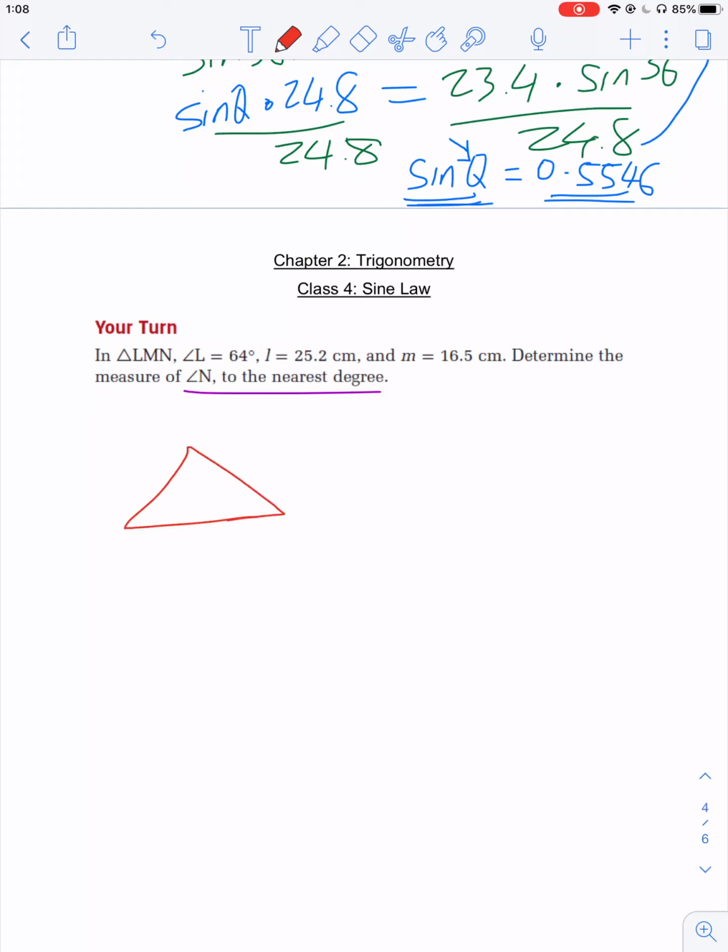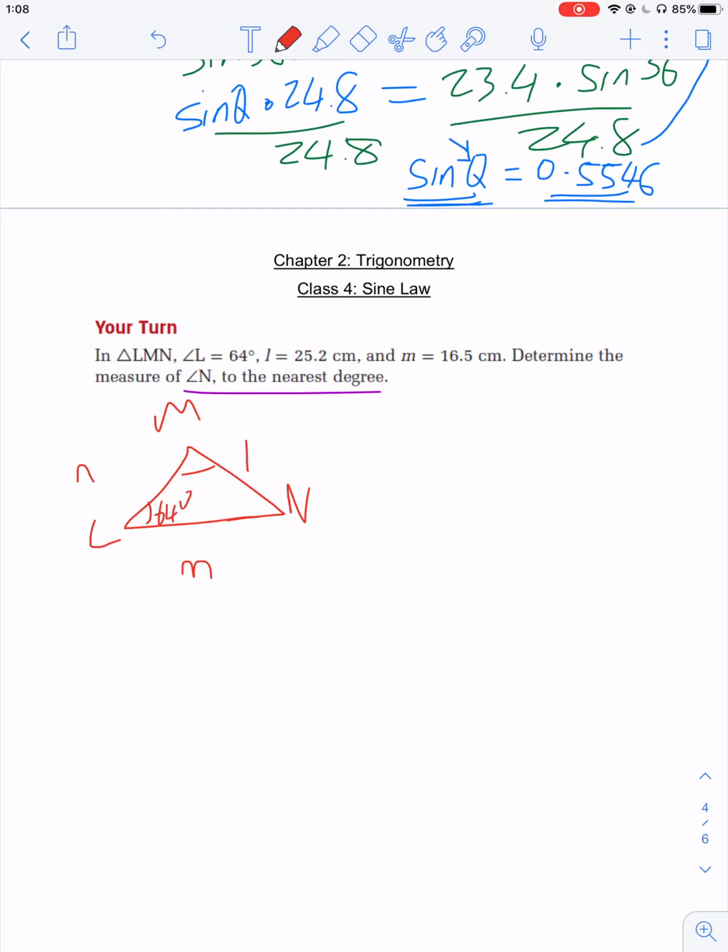So let's say this is L, this is M, and this is N. If this is angle M, then this has to be side M. If this is L, then this has to be side L. And this is N, then this has to be side N. So what do I know? I know that L is 64 degrees.